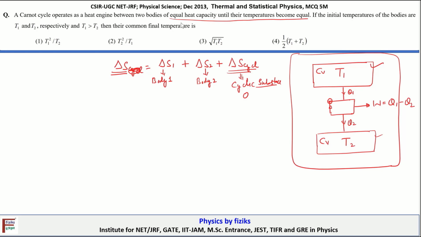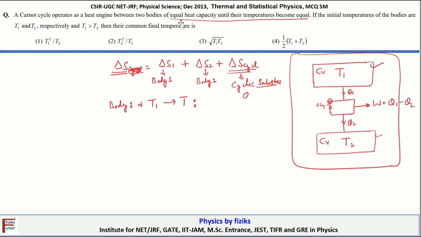So the net entropy change delta S cycle is going to be 0. Now we have to determine the entropy change for delta S1 and delta S2. For body 1, the temperature changes from T1 to T. We are assuming that T is the common final temperature at which the Carnot cycle will stop working.